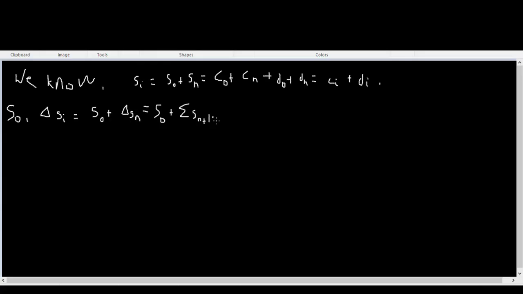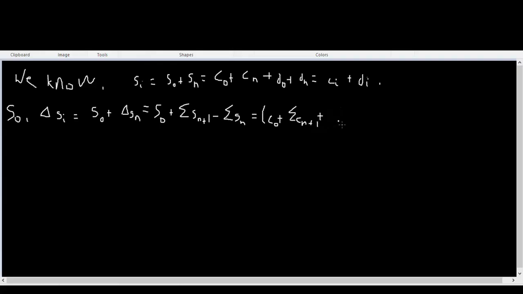So let's add them. Let's sum them in order to learn more about the composition of sequences and series. So that being said, we know s sub i equals s sub 0 plus s sub n, which equals c sub 0 plus c sub n plus d sub 0 plus d sub n, which equals c sub i plus d sub i.